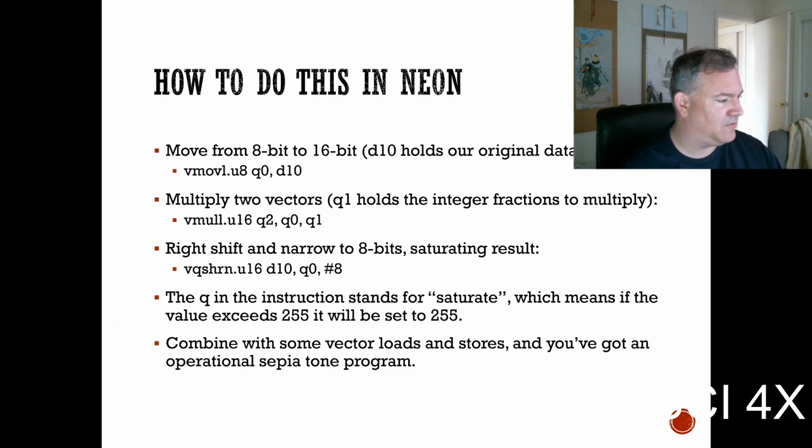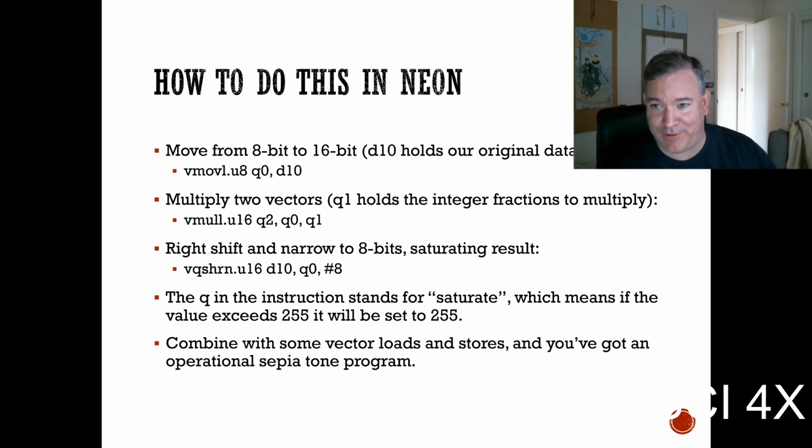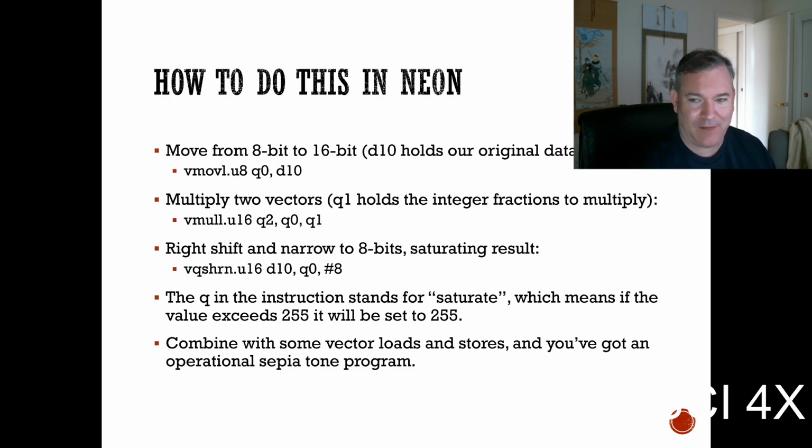Why is it in the second spot and not the third? What do you mean? Just because it is. That's where they put the Q. So you have Q add, which means saturating arithmetic. It's a different instruction.